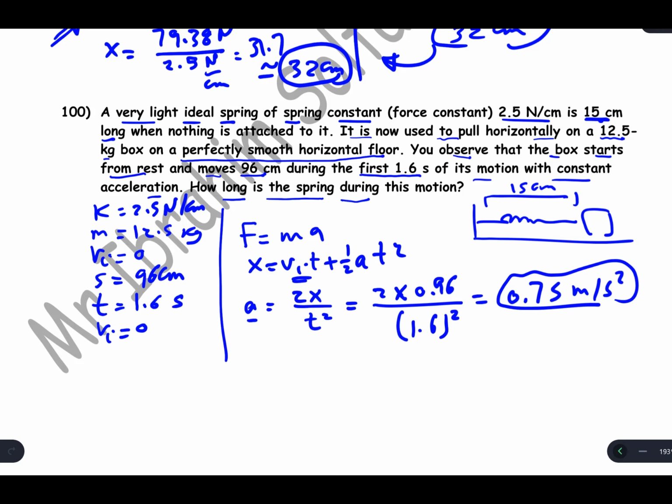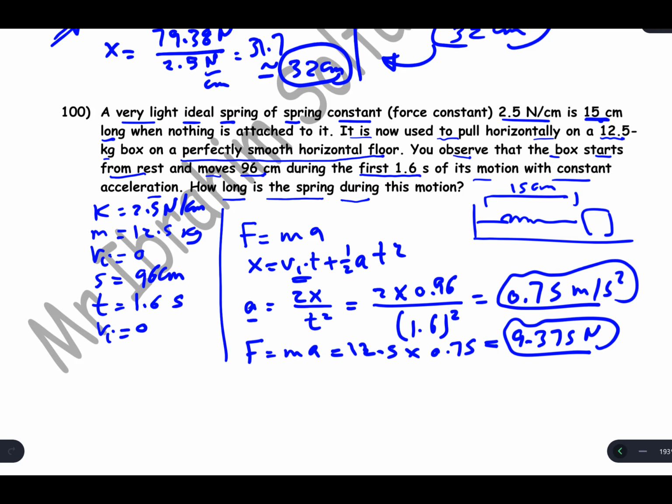I got the acceleration. So now I can calculate F equals ma equals 12.5 times 0.75 equals 9.375 Newton. Right, guys? But you know that F equals Kx, right? So 9.375 equals k, 2.5 Newton per centimeter, times x.